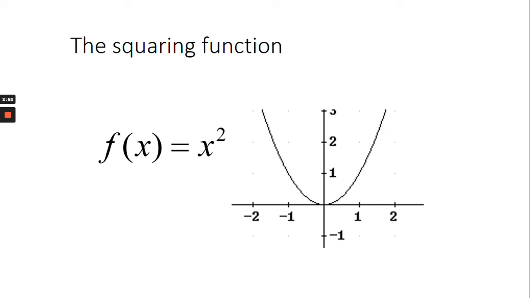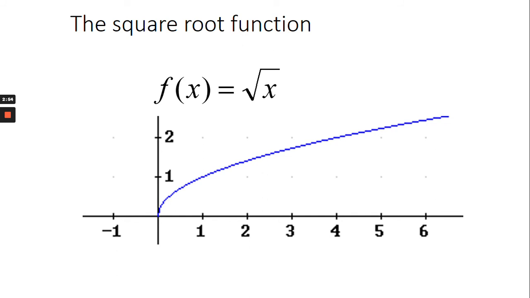Okay, here we have the parent function for the square root function family, the most basic function from the square root function family is f of x is equal to the square root of x.